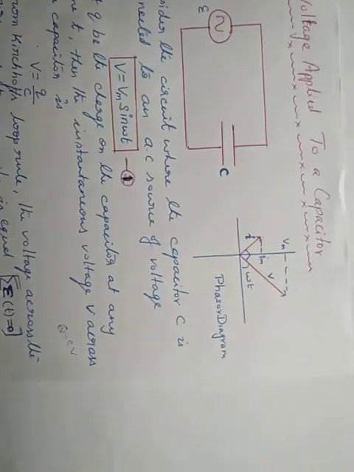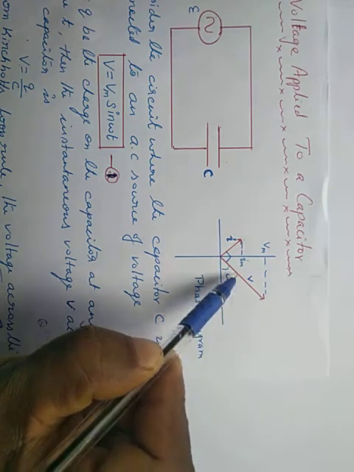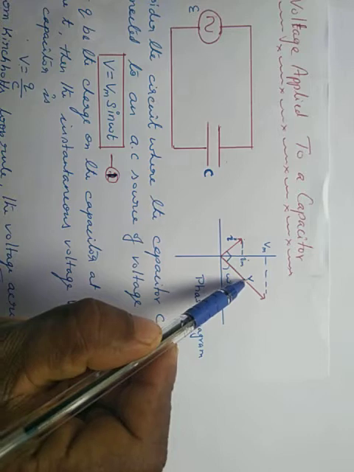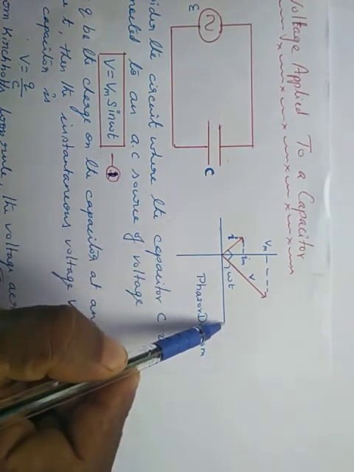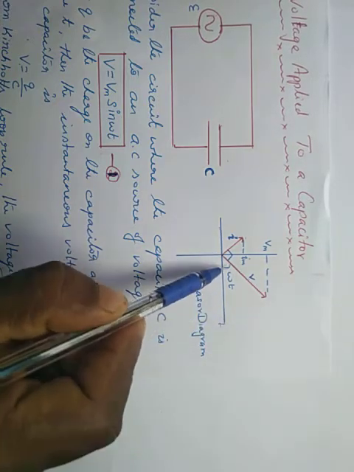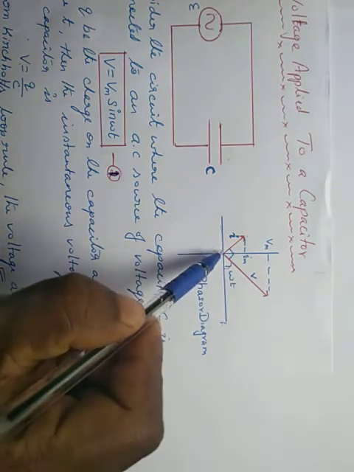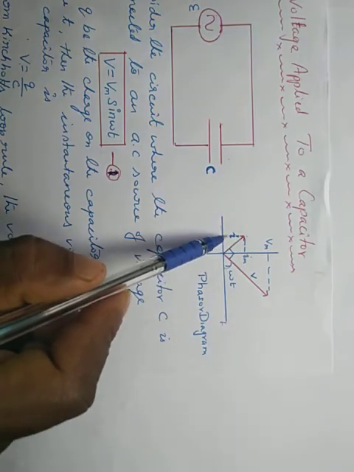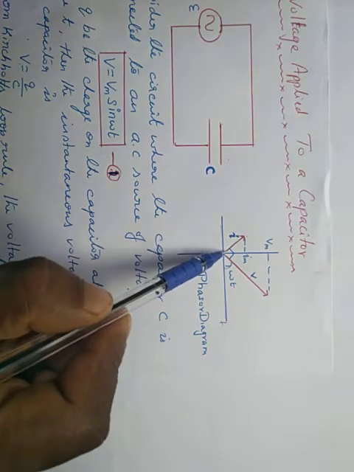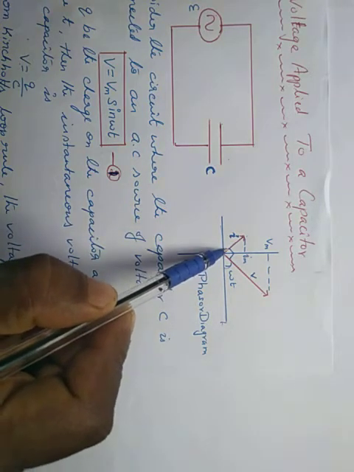Finally, you have to draw the phasor diagram. See, this bigger arrow represents the voltage V with the phase angle omega t with this axis. But the current, this smaller line, represents current I, and the phase angle is 90 plus omega t, that is omega t plus pi by 2.